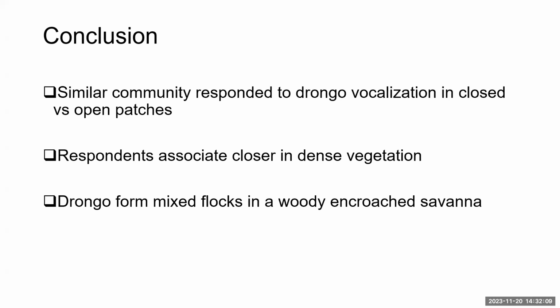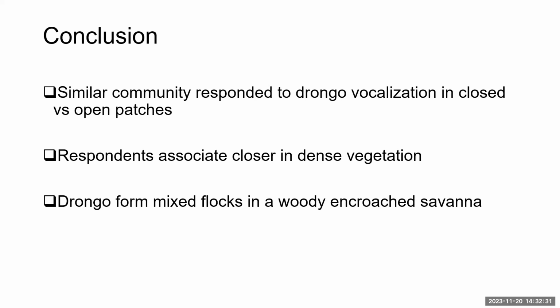Maybe because shrub encroachment is generally driving a widespread homogenized bird community, or maybe the open patches that are still there are not big enough to host a distinct community.